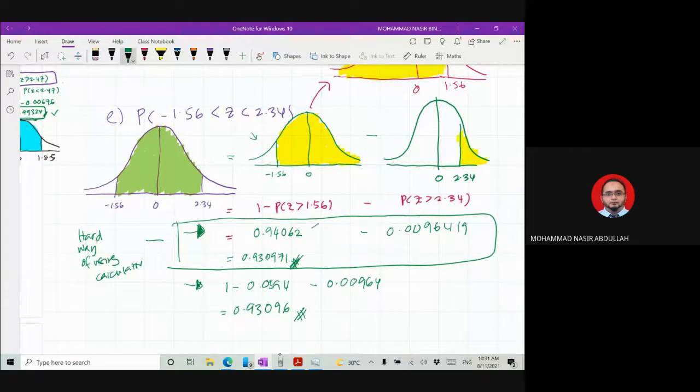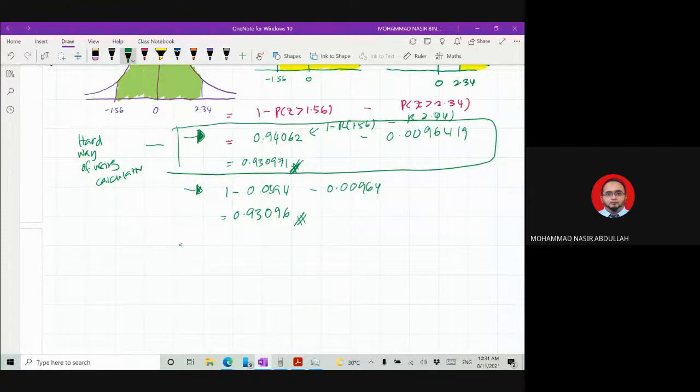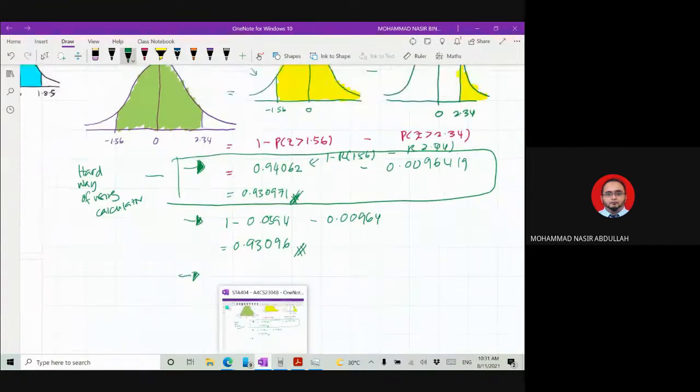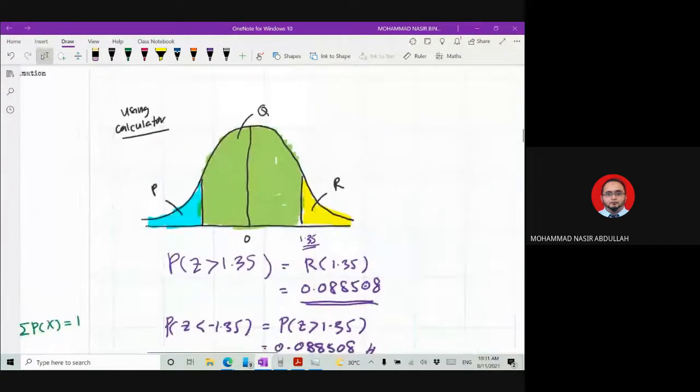Which is 1 minus R 1.56 minus R 2.34, right? Now, I'm going to show you another way. This is very simple way to get the answer. So remember tadi, I cakap tadi, if you want to find the area in the middle, we're going to use Q, right?